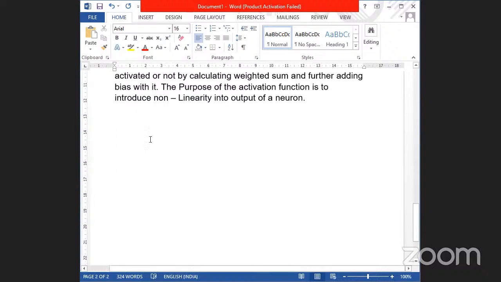Okay, our next question is, what is the difference between sigmoid and softmax activation function?